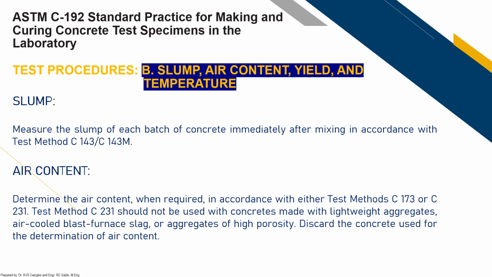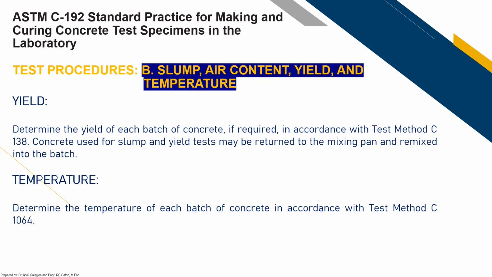For determination of air content, determine the air content when required in accordance with either test method C173 or C231. Test method C231 should not be used with concretes made with lightweight aggregates, air-cooled blast furnace slag, or aggregates of high porosity. Discard concrete used for determination of air content.